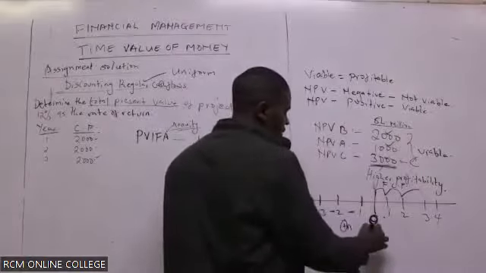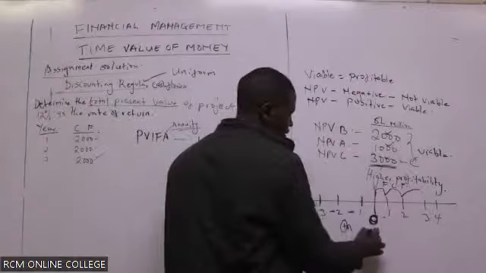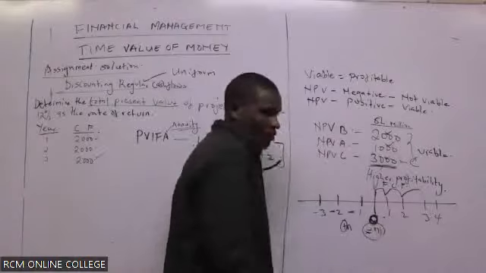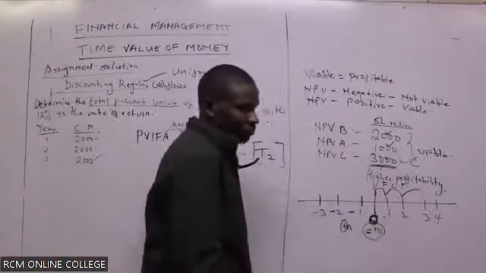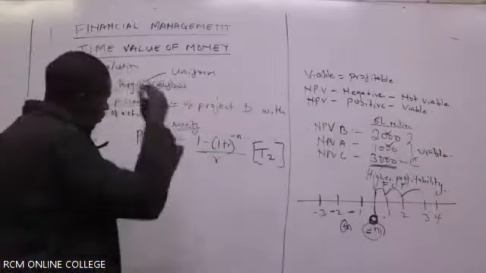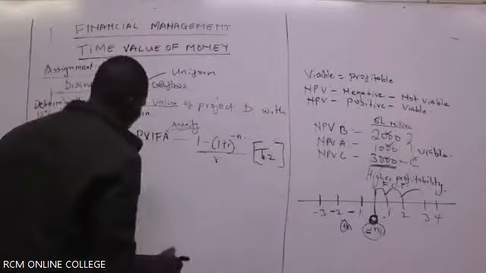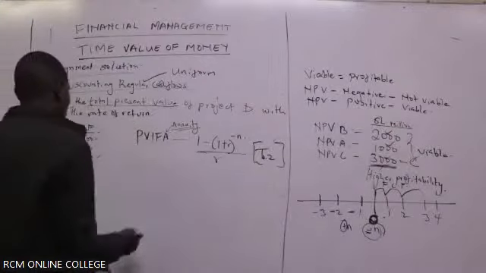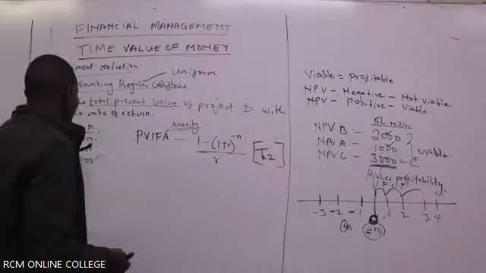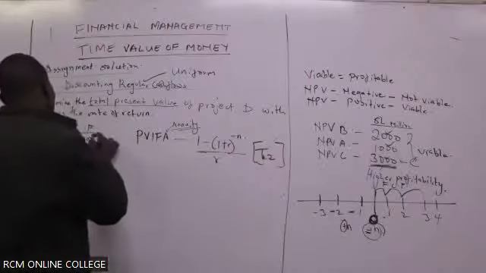If you are discounting, it will be minus n. At least you indicate it. So we've said we are going to use table number 2, or you can use a calculator. It's easy. All these are similar.